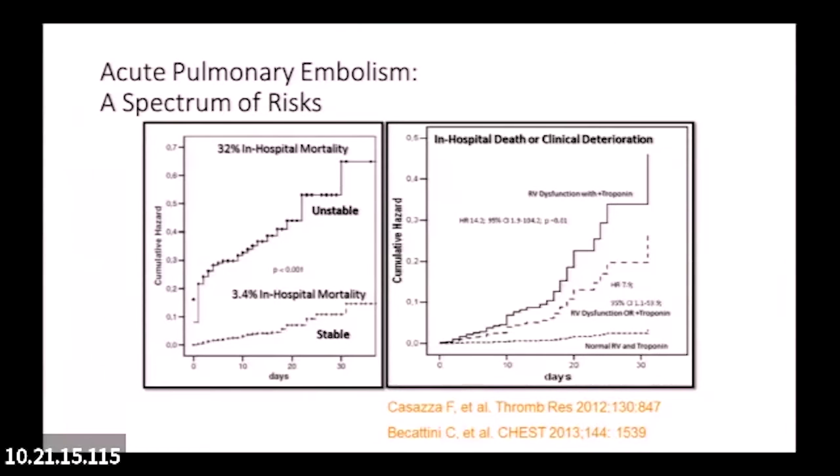As we can see on the right side of the graph, with normal RV and troponin, the hazard is relatively low. However, if the patient has either RV dysfunction or troponin elevation, the hazard ratio is 7.9. They have almost 8 times more poor outcomes. And then if they have both RV dysfunction and troponin elevation, the hazard ratio went up to 14.